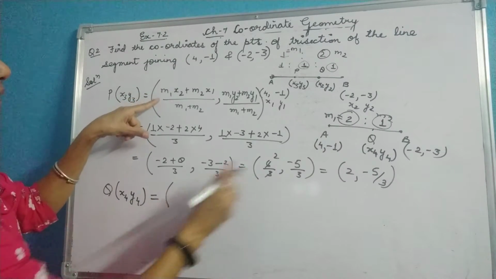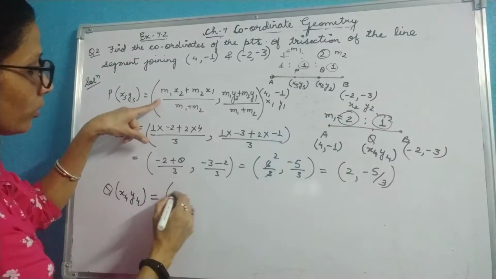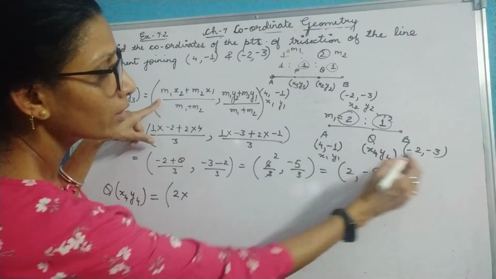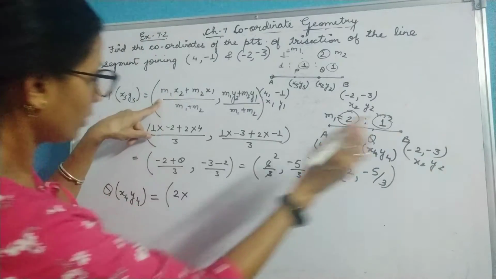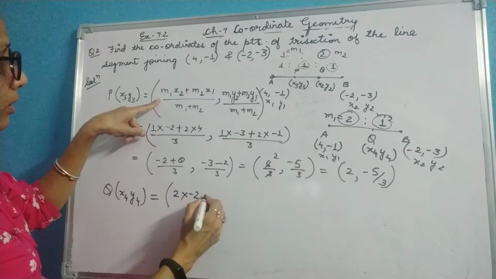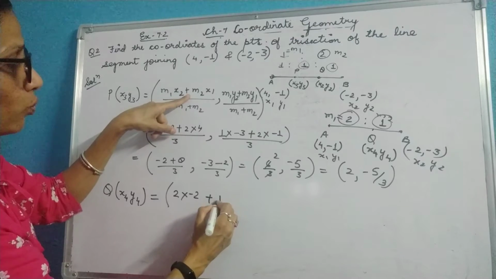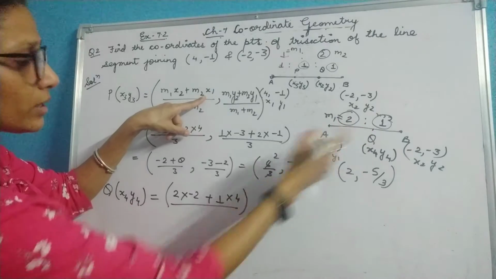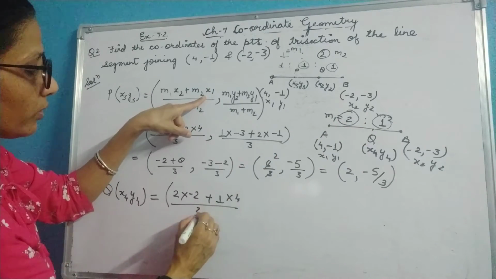So I will be writing my M1, which is here 2, into x2. This is again x1 y1, this is x2 y2. So x2 is -2 plus M2 is 1 into x1 is 4, whole upon 2 plus 1, which is again 3.